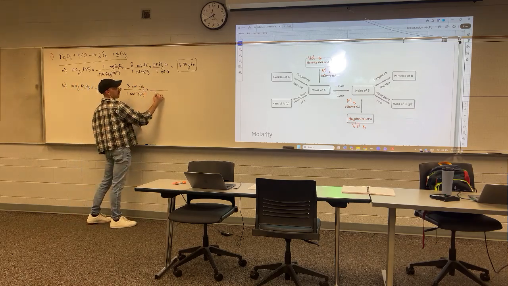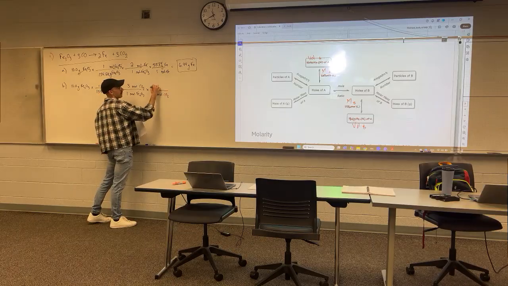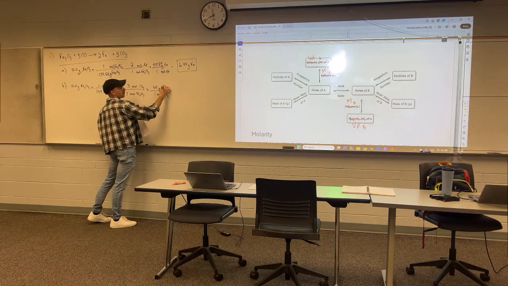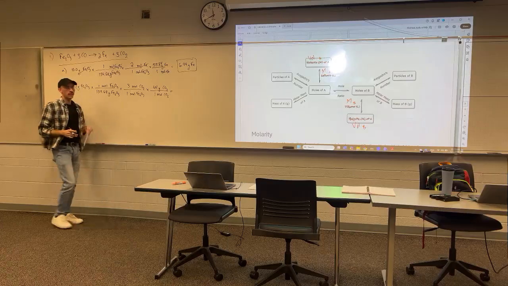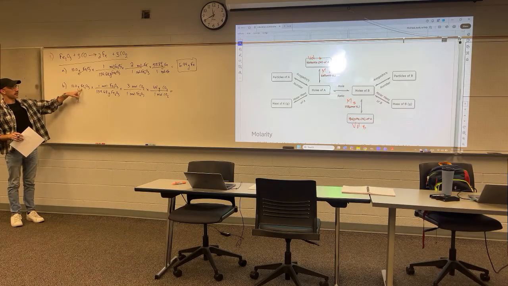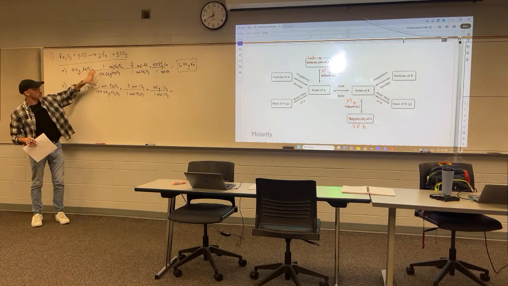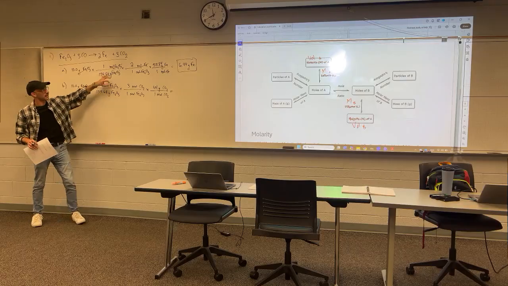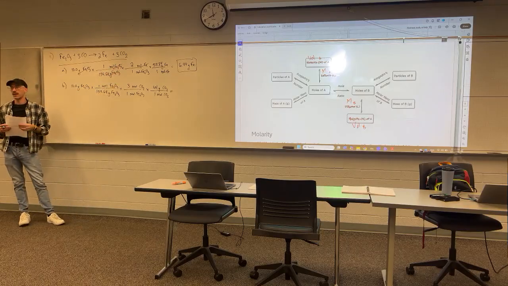And then I need to convert 1 mole of carbon dioxide, we talked about this earlier, weighs 44 grams. So this first conversion is exactly the same. Now I'm just converting into a different chemical.